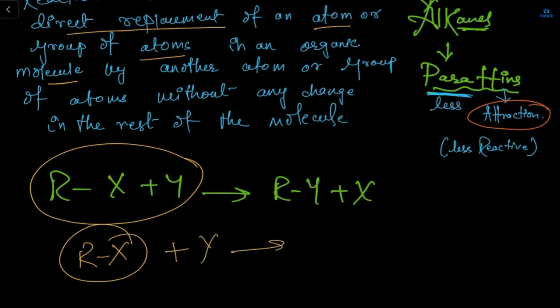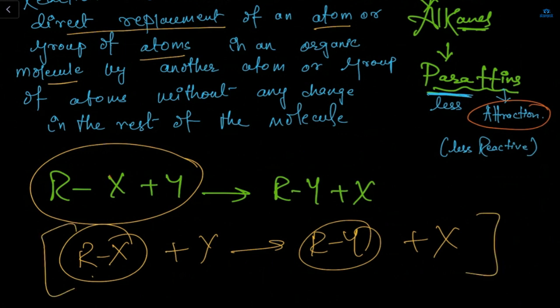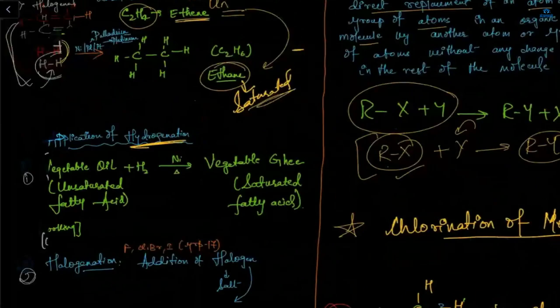Now in the product side, what will happen? This will get displaced. So now R is with Y and X is alone. So this process is known as the displacement reaction, where X is getting displaced with Y. On the left-hand side R is with X, and on the right-hand side R is with Y.